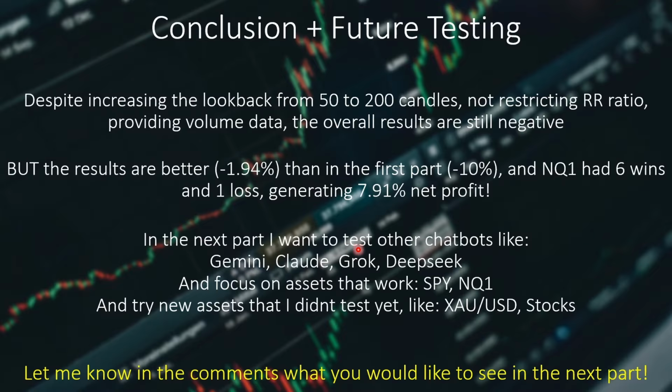So in the next part, I want to test other chatbots like Gemini, Claude, Grok and DeepSeek, and focus on assets that work, like SPY and NQ1, and maybe try new assets I didn't test yet, like XAUUSD or stocks. Now, let me know in the comment section what you would like to see in the next part, if you have any recommendations, or what I should change in the testing method, or anything you have in mind.